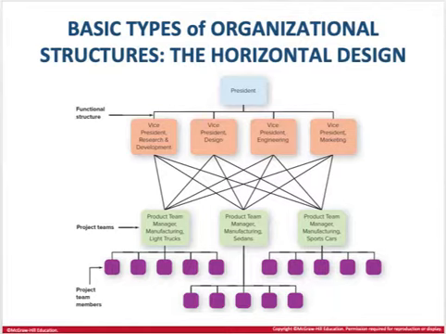The second organizational design is the horizontal design. In this, also called the team-based design, teams or work groups, which can be either temporary or permanent, are used to improve collaboration and work on shared tasks by breaking down internal boundaries.